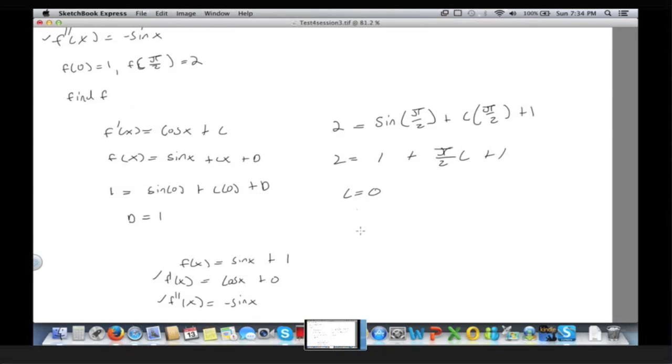And f of 0 equals 1, so here's f. Sine of 0, f of 0 equals 0 plus 1, which equals 1, so that's good. And then f of pi over 2 is equal to sine of pi over 2 plus 1, which is equal to 2.